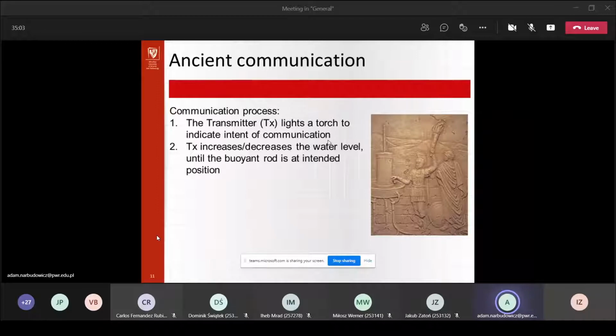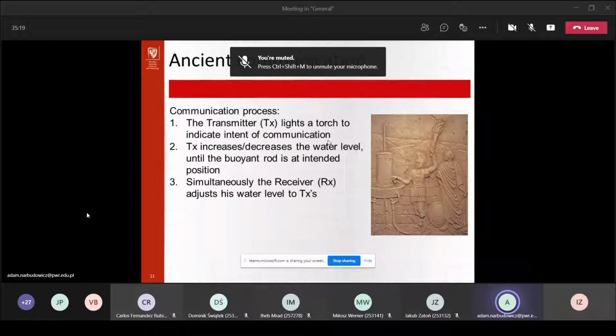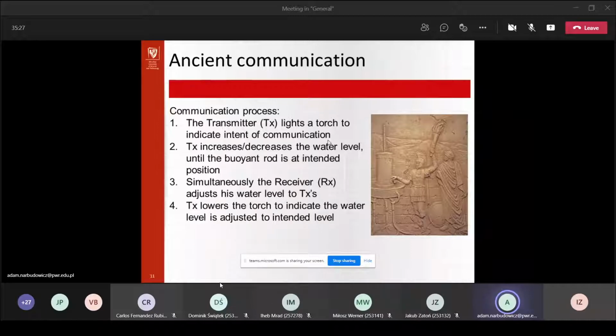Then in the second step, the water level is adjusted, so you transmit the information. Then on the receiver side, they would adjust the water level, right? So they would basically lower or raise their own marking to match those of the transmitter. And then they would lower the torch to indicate the water level is adjusted to the intended level.